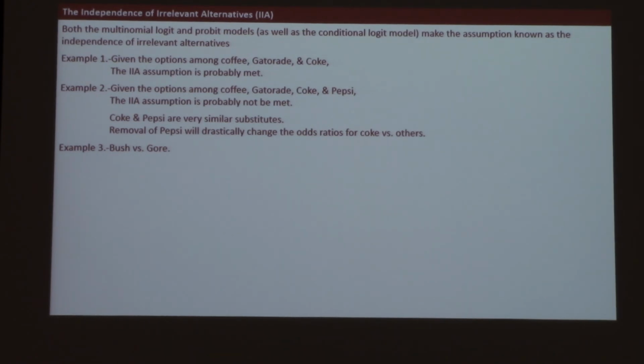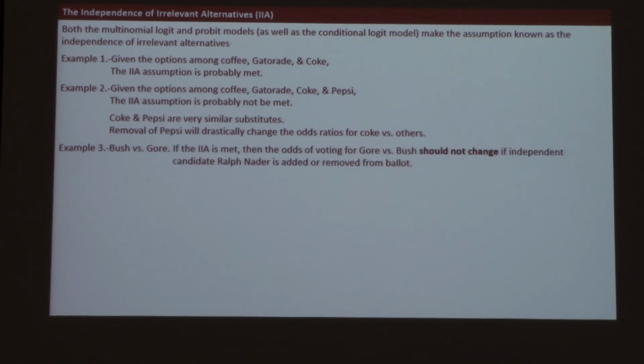One from politics, Bush versus Gore. If the independence of irrelevant alternatives is met, then the relative odds of voting for Gore and Bush should not change if an independent candidate like Ralph Nader is added or removed from the ballot. So remember that IIA holds that if we add or remove another alternative, the relative odds ratio should stay the same.